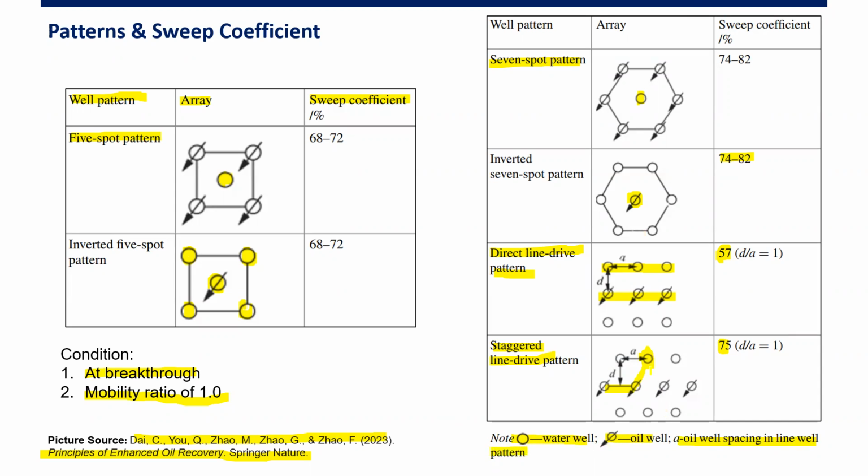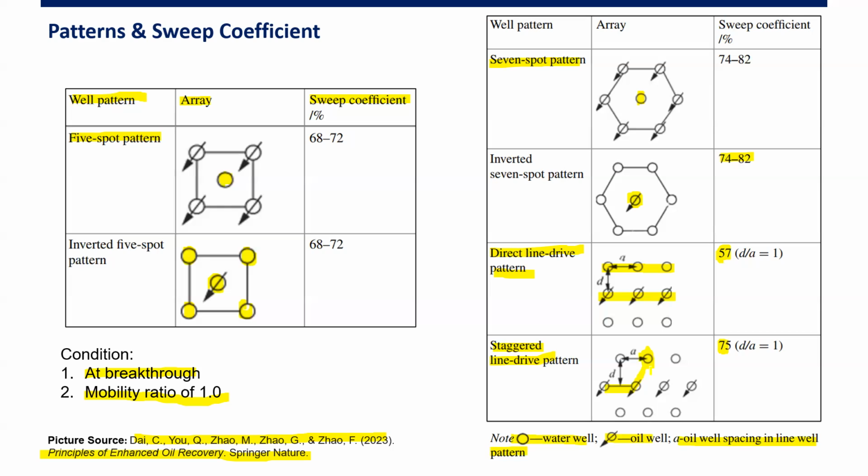Okay, so again, this is a brief video. So we have the water flood patterns. We know their arrangements with their respective sweep efficiency or sweep coefficient. It must be areal sweep efficiency or areal sweep coefficient at the condition of water breakthrough already reached and mobility ratio of unity. If you have a mobility ratio greater than 1, you need to decrease the sweep coefficient further.